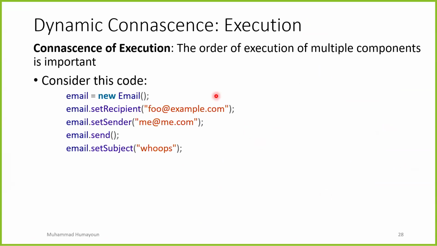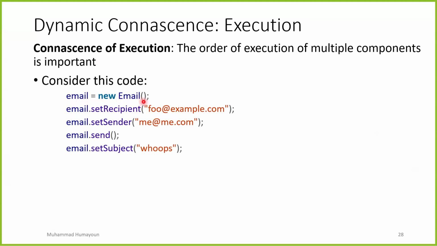So the first example we want to see is connaissance of execution. What it says is that the order of execution of multiple components is important, and we must agree on that. Here is a very simple example. Imagine we are using this API that allows us to send emails. Our code depends on that email component.